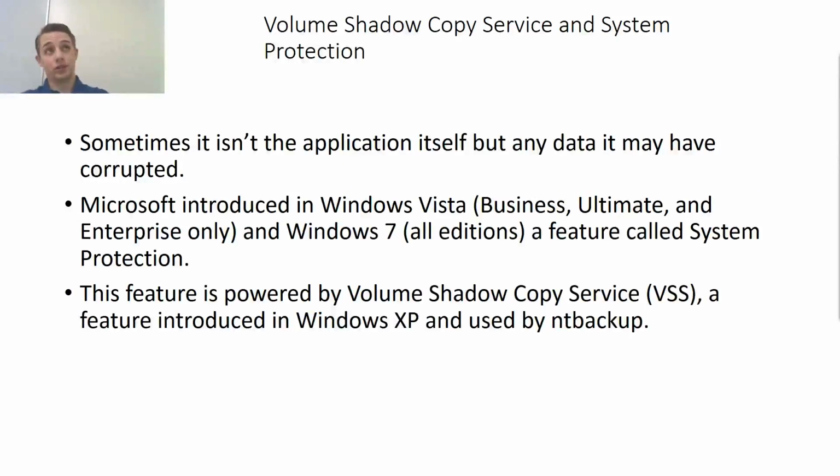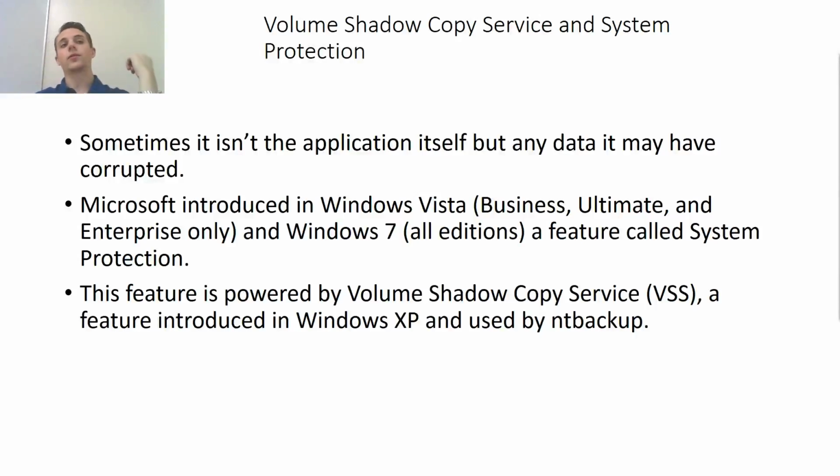Volume Shadow Copy Service. This is kind of nice because you can actually back up files that are currently in use. Previously, if you tried to back up a file that was currently in use, you would get an error, and then it would skip the file, so it wouldn't back it up, which is very bad.